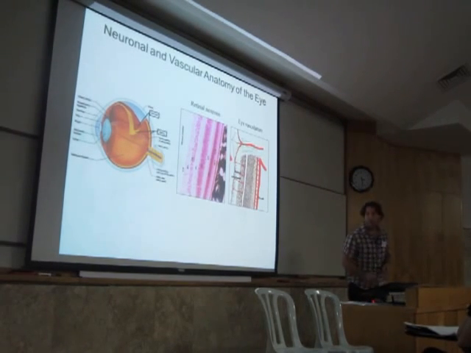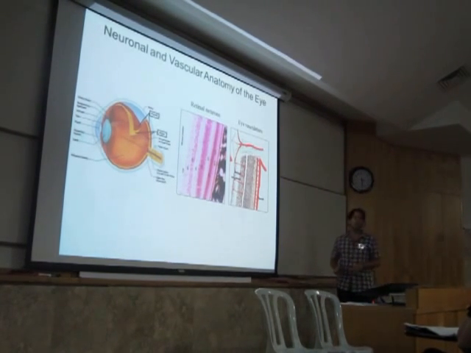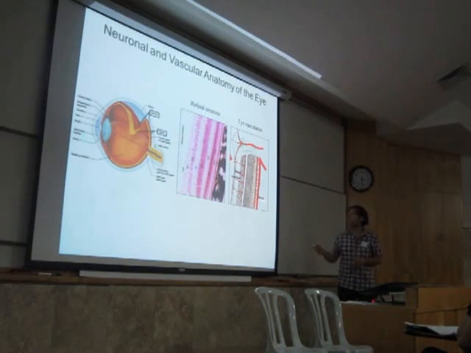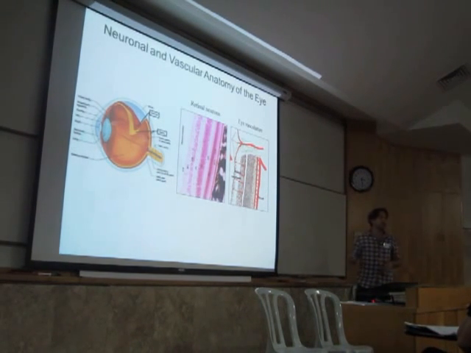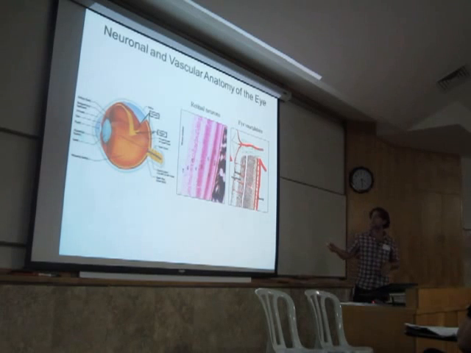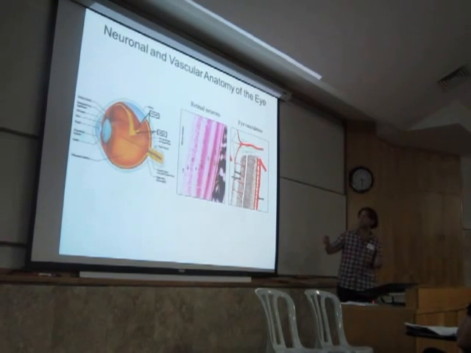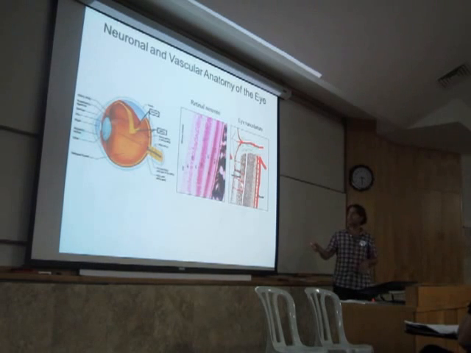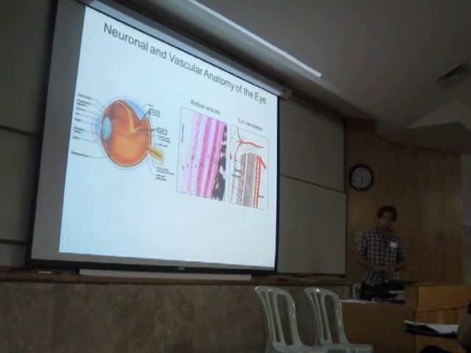And also, we can look at the vasculature of the eye, where we have two distinct vascular systems. One is a choroid that lies on the back of the eye, which nourishes all the photoreceptors there, and a different system of the retinal vasculature that gives all the nutrients for the inner parts of the retina.